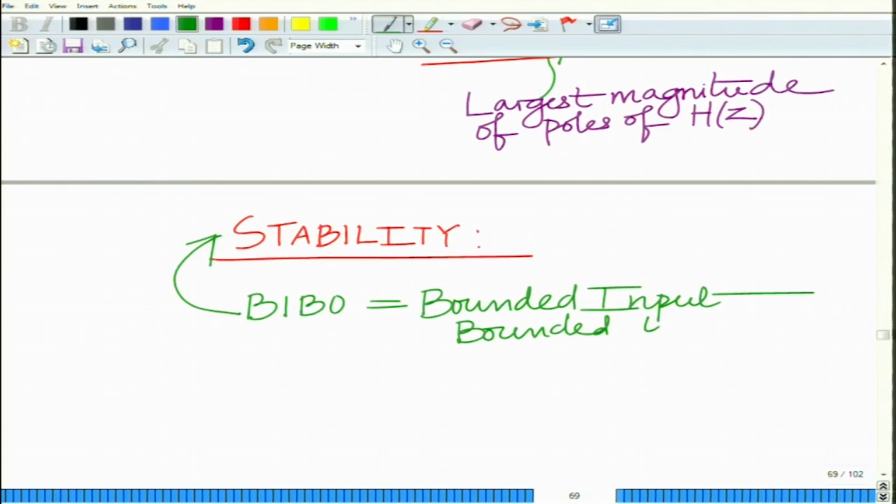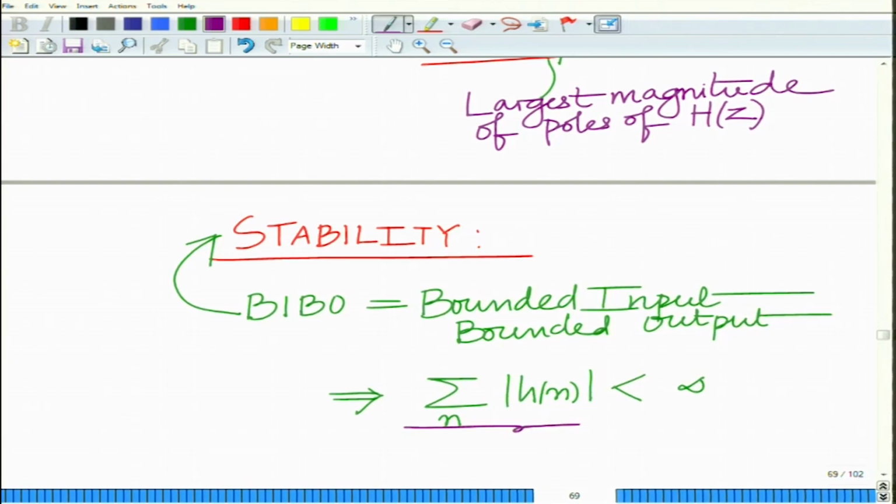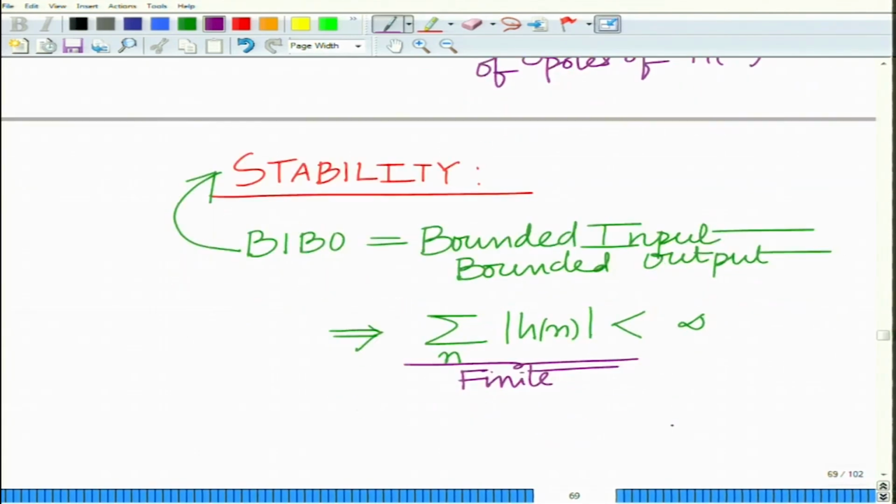For BIBO stability, we require the summation over all n, from minus infinity to infinity, of the magnitude of h[n] to be less than infinity, that is, this quantity must be finite, it cannot be infinite.